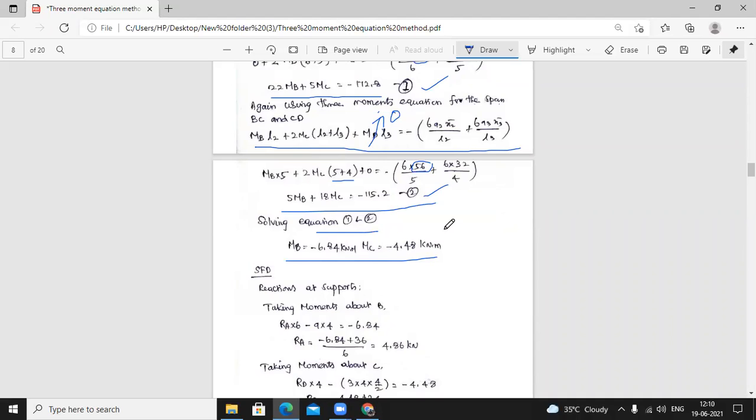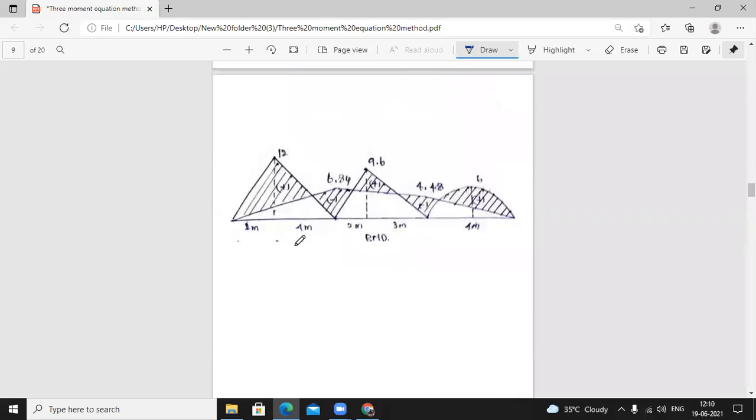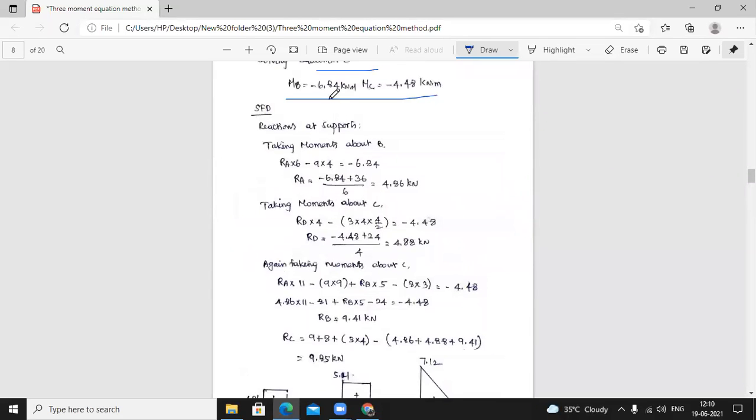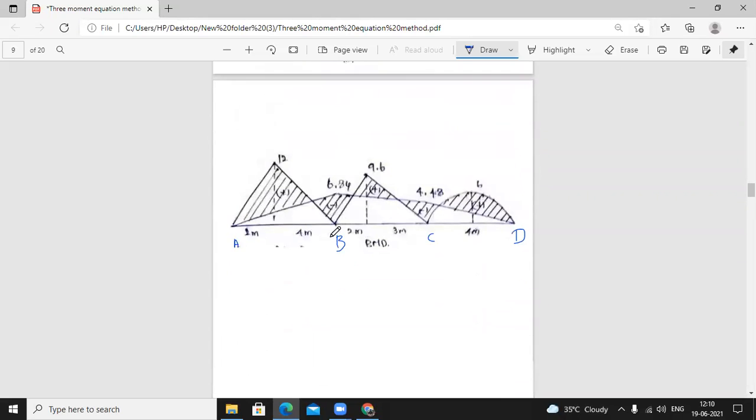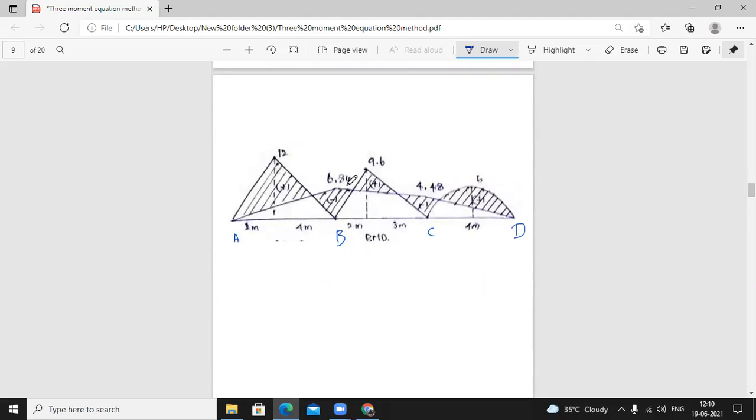Okay, students. So finally, this is the bending moment diagram. You can see this is A point, this is B point, and this is C point and D point. Now, what is MB? MB is 6.84 and MC is 4.48, both minus values.